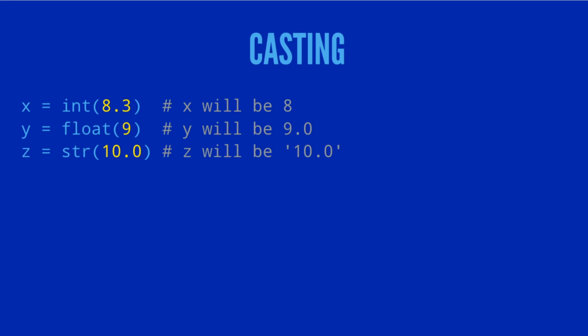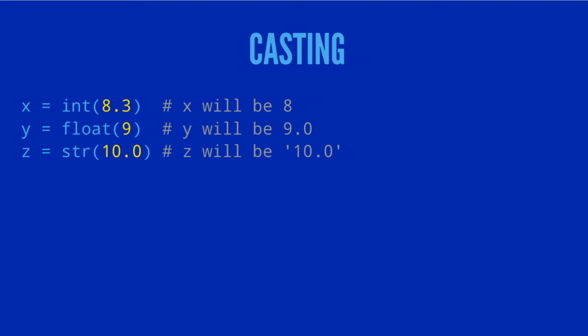Because you can't concatenate strings and integers, we use casting to change values into other data types. Our first one, variable x equals int 8.3. Putting int on the outside will change it to an integer, so it will just drop everything from the decimal point.